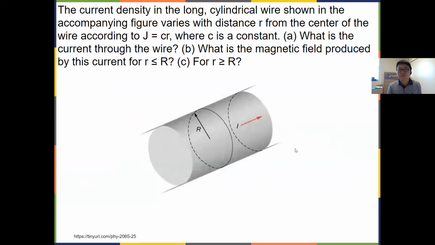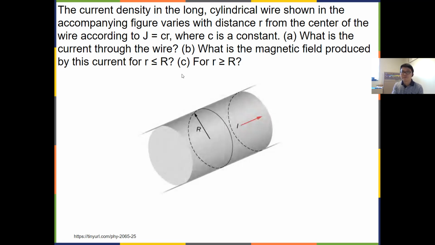So for the application, this one says you have the current density in the long cylindrical wire shown in the accompanying figure. Now it's not a uniform current density, but it increases proportional to R, so C is a constant. What's the current through the wire?